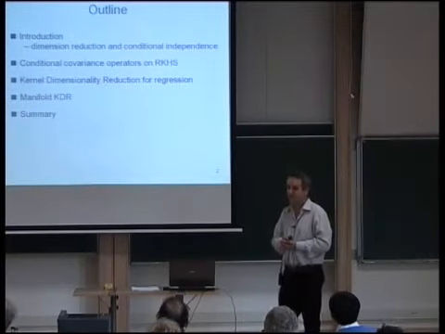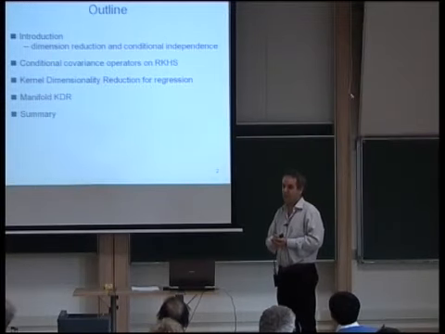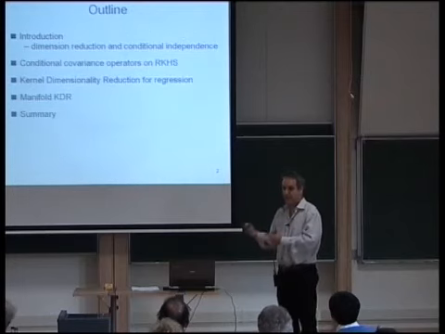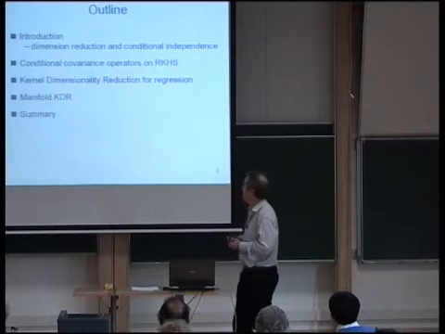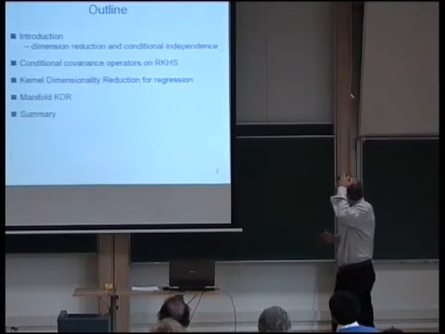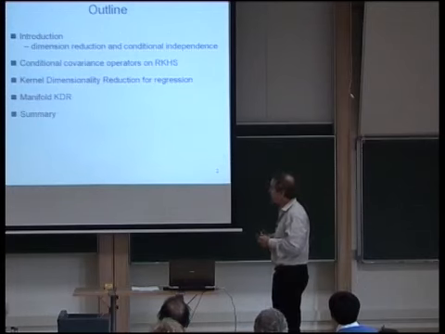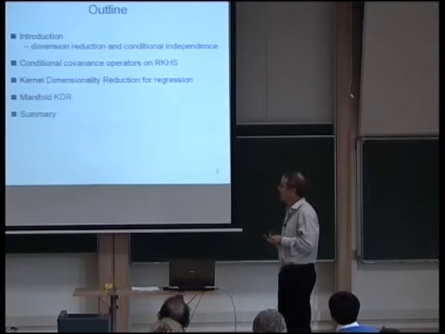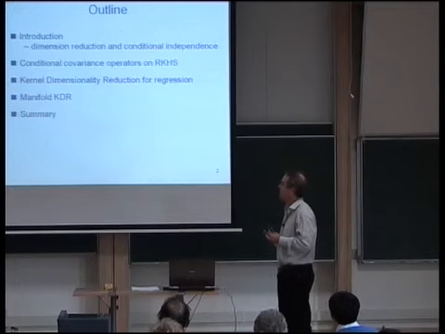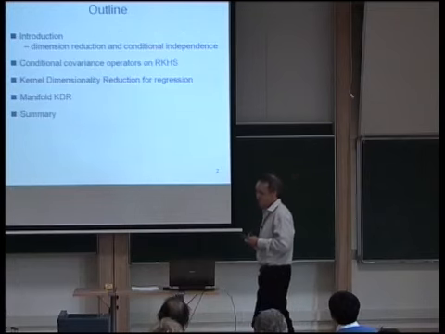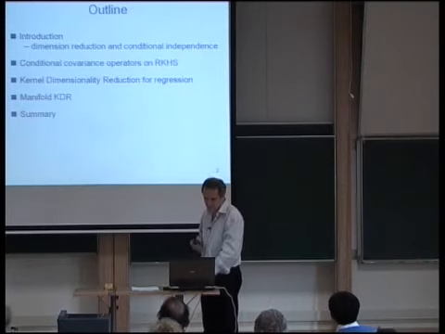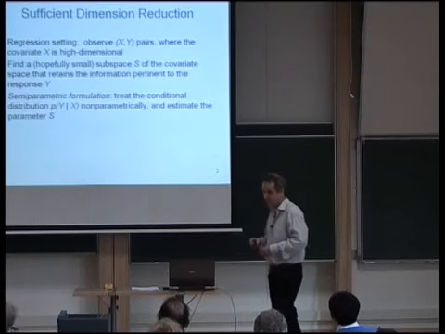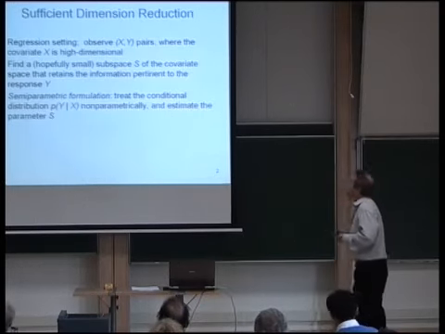This will be a slightly different use of the set of ideas. We're interested in the operators on the Hilbert space, not the entities in the Hilbert space per se. Then I'll discuss this methodology, and the first half of the talk will be about finding subspaces, so the classical setting of sufficient dimension reduction, and then we'll talk about a somewhat exotic idea, which is to use the same set of ideas to find manifolds, or to explore manifolds.